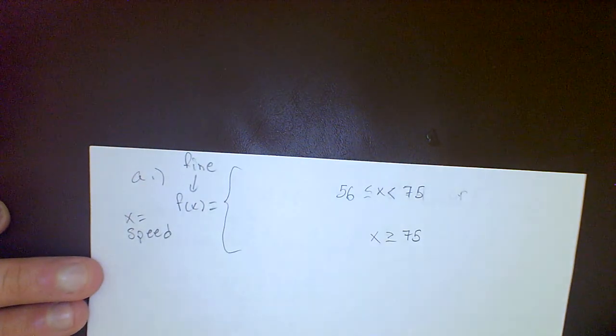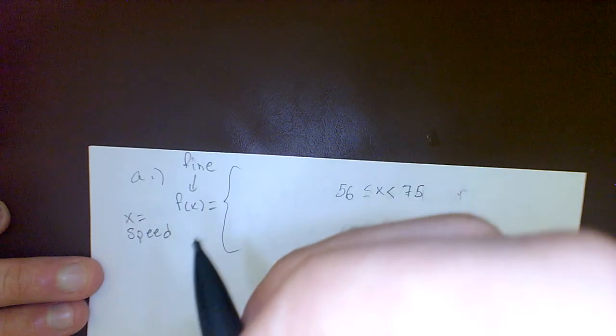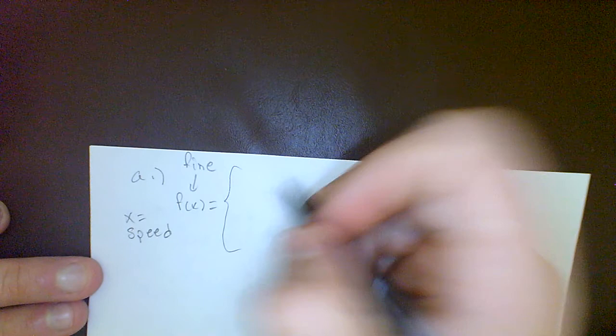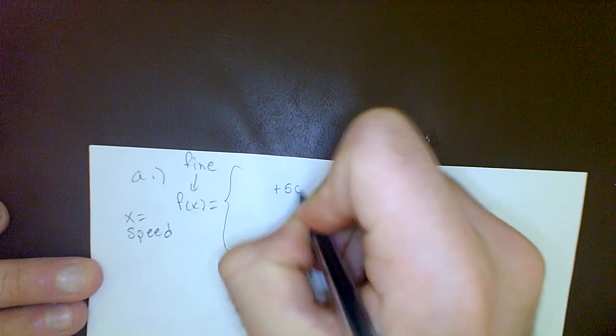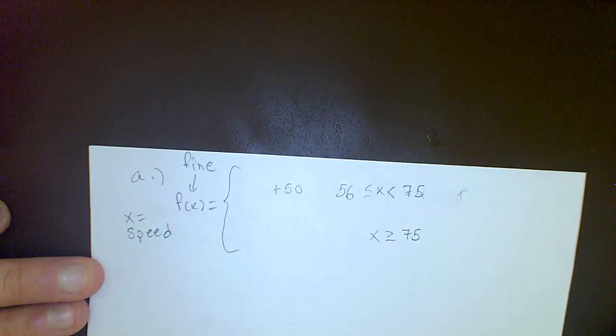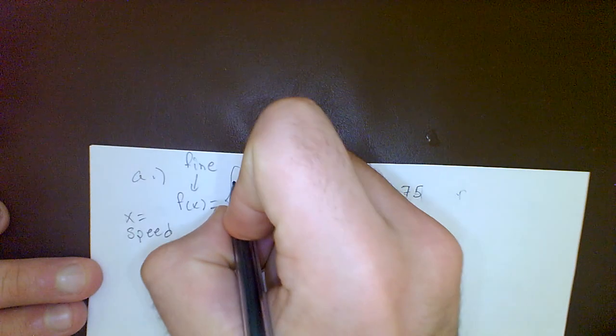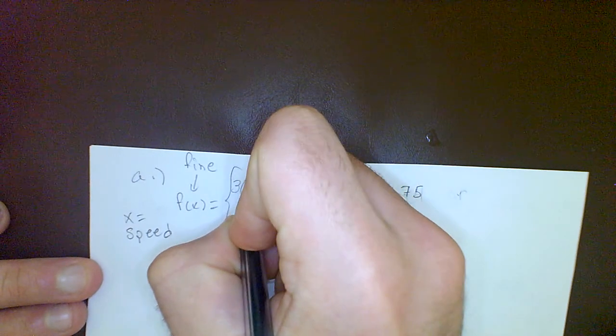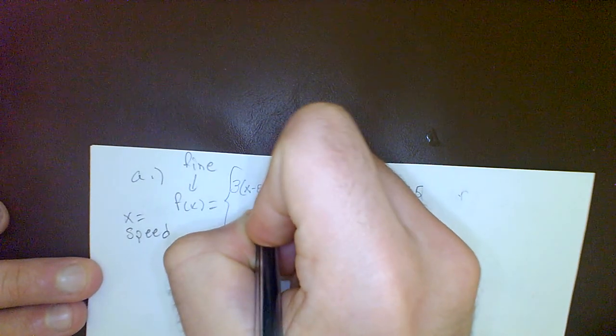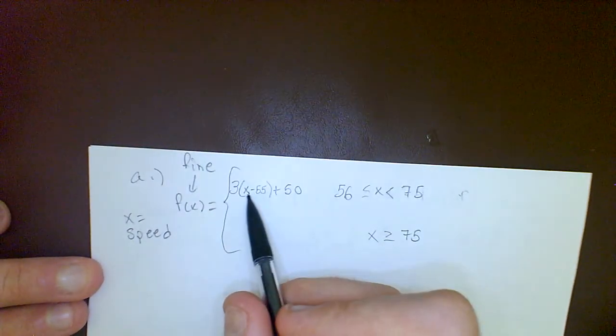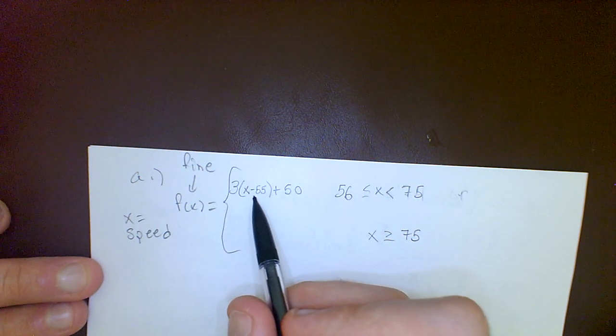Okay, so this one says that it's an automatic fine of $50, plus $3 for every mile over 55. So we have to change this a little bit. It's like 3 times (x minus 55), right? Because we need every mile an hour over 55.